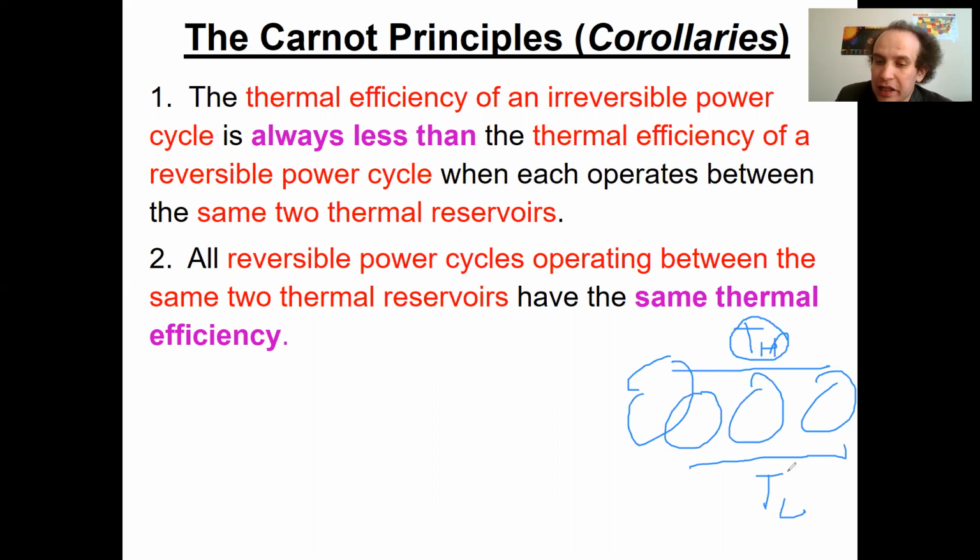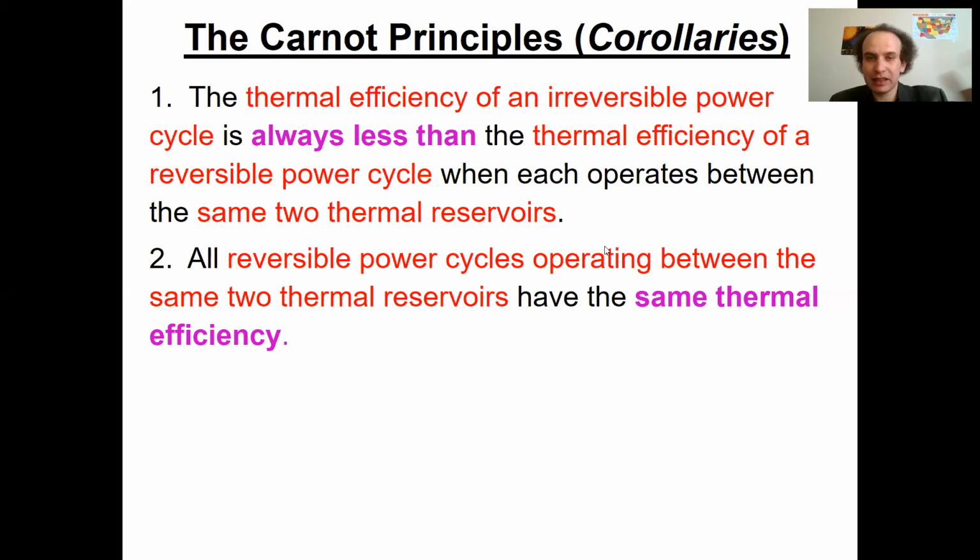On TH and TL, or more exactly on the ratio, because there is no other way to measure a reservoir. While all realistic heat engines will be worse. They will have efficiency less than the ideal one, right? Do you agree? That's what I say here.